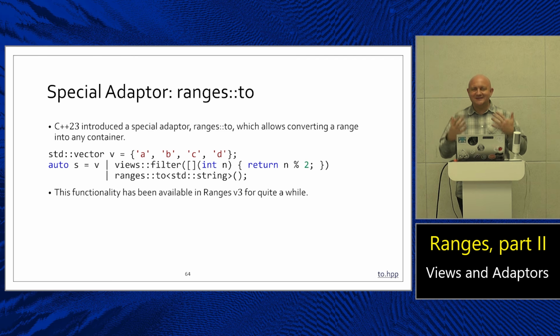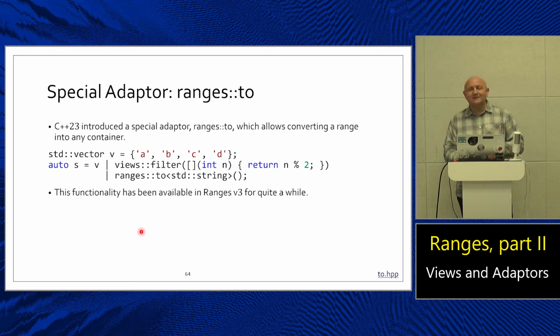Our toy toStr was like a baby version of it, yes? Now we can write ranges::to std::string, and that is fine. It will convert it to std::string. This idea existed in the range-v3 library for a long time, and it finally made it into the standard.